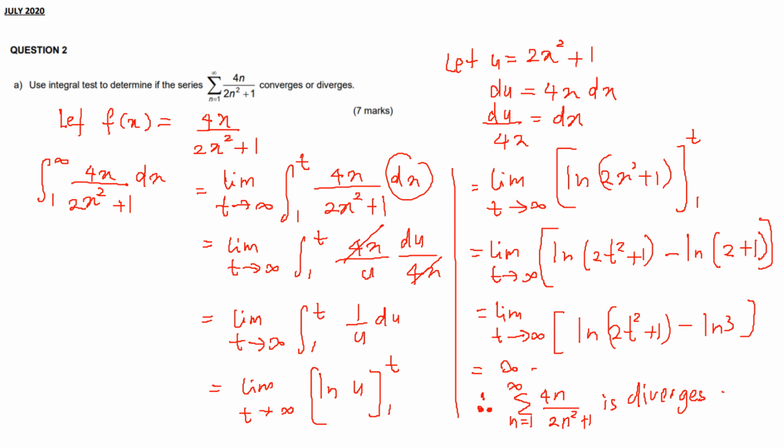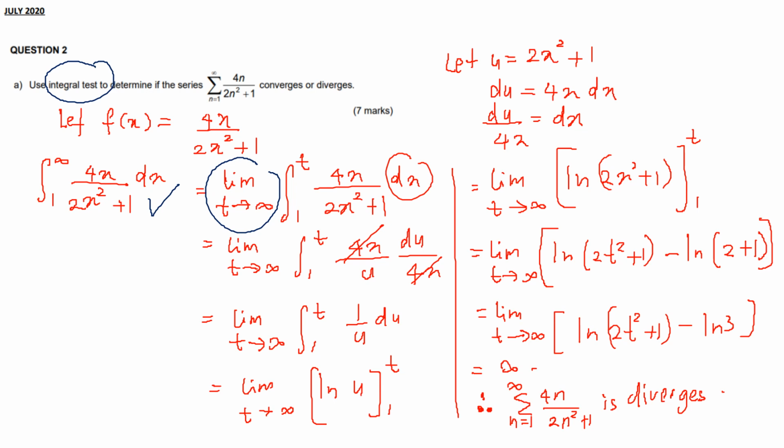I hope you understand this method of the integral test to solve this series. First thing first, since this is the integral test, you need to put the limit in order to solve this series, and then you can use any other method that's suitable to solve the integration.